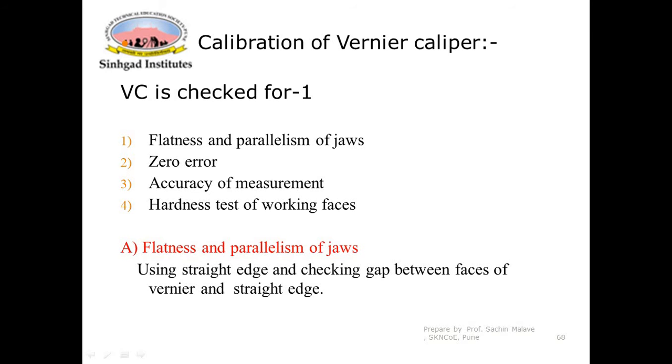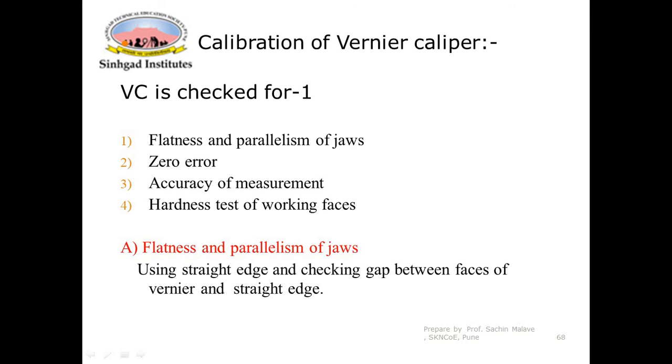Let us see how the flatness and parallelism of the jaws is checked. Flatness and parallelism can be checked by using a straight edge. We will see what a straight edge is in coming lectures. A straight edge is an instrument whose base is perfectly straight.